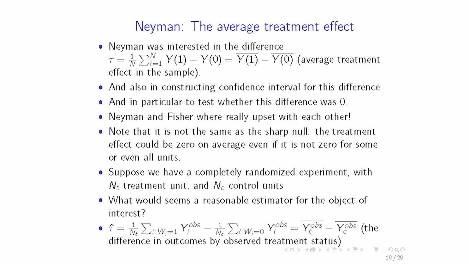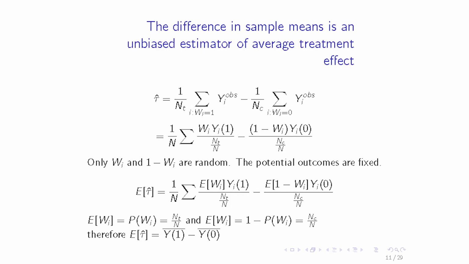So that's the notation that I'm going to keep: Y bar obs treated, just the Y bar obs to differentiate from Y, the potential outcome, and Y bar obs control. So from what we saw last week, we have reasons to think that that's probably a pretty good estimator. And we can actually prove that it's unbiased for the average treatment effect.